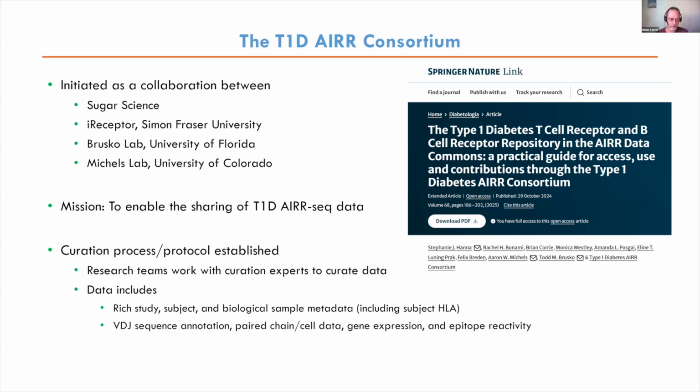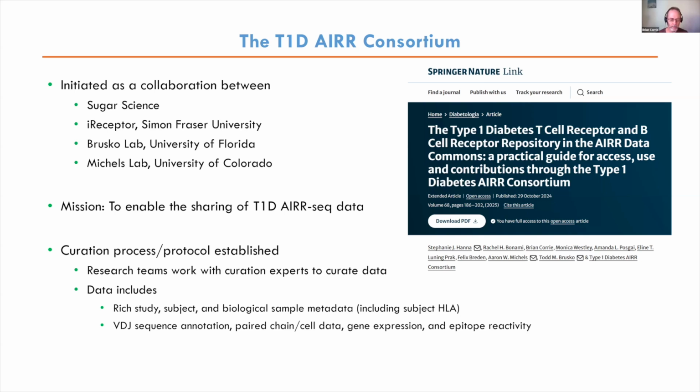The important thing about the T1D data in particular: all data in the AIR Data Commons has rich study, subject, and biological sample metadata, so the data that describes the study is very rich and comprehensive. One of the interesting things about the T1D data is it's one of the first large sets of data that has subject HLA, being very important in T1D.